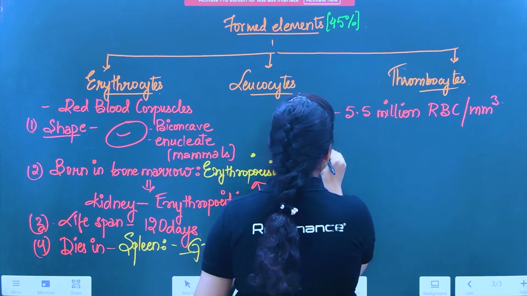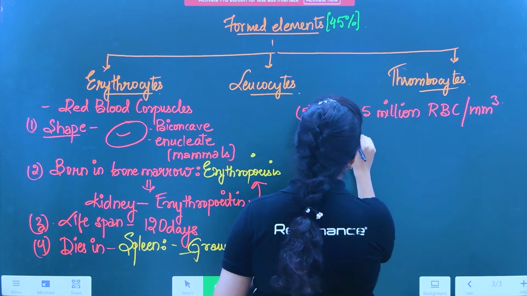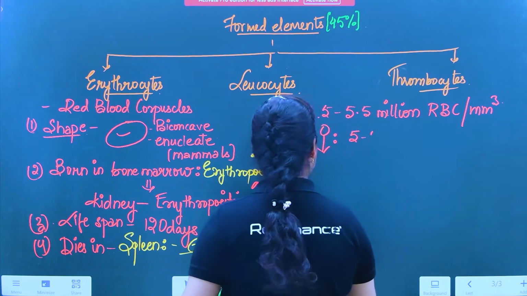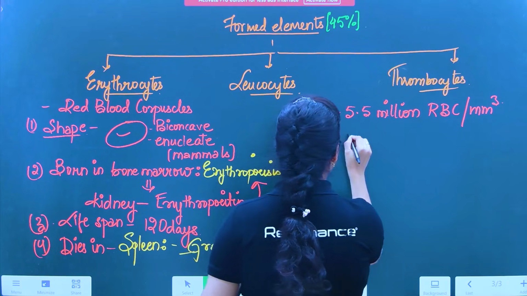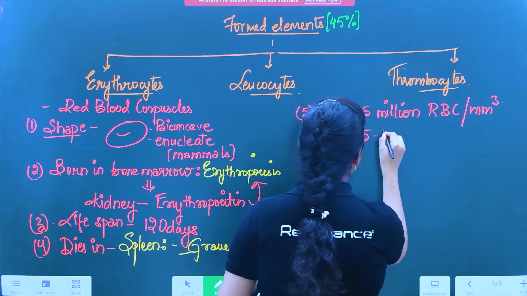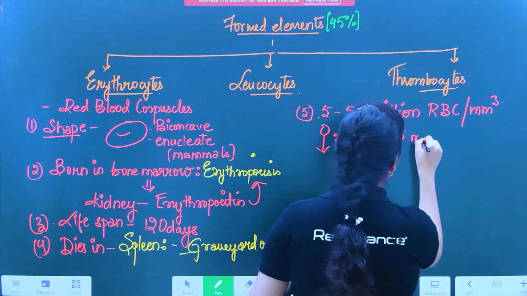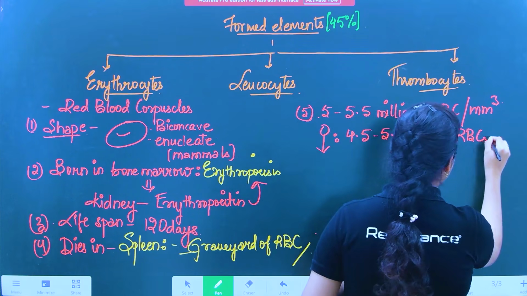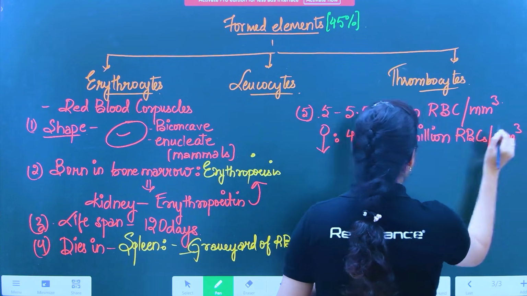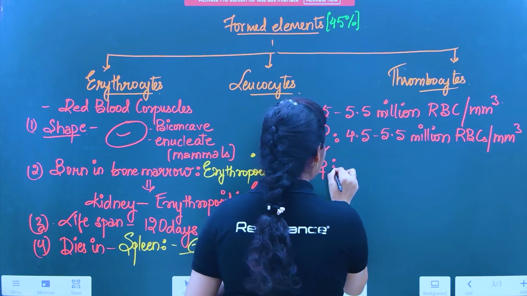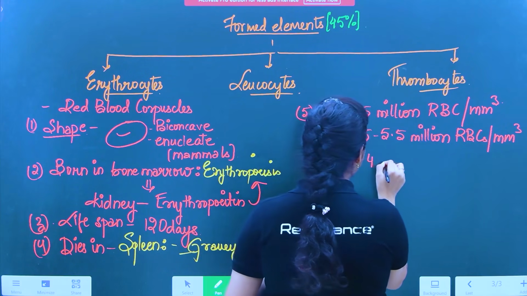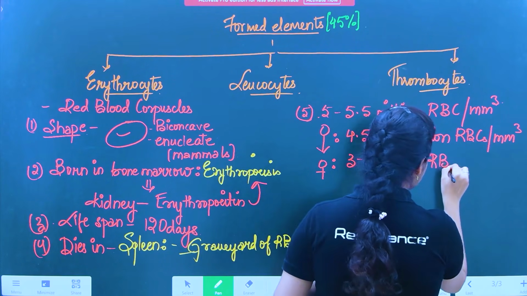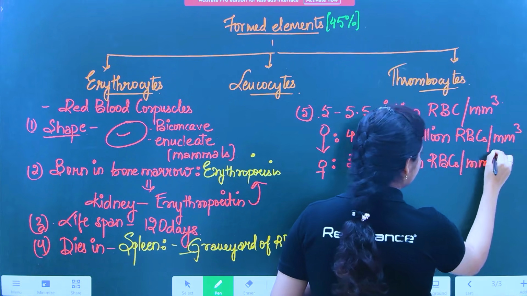Coming to male, male have 4.5 to 5.5 million RBCs per cubic millimeter, whereas female has 3 to 4 million RBCs per cubic millimeter.